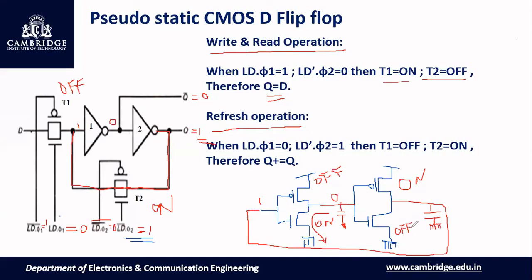Since the PMOS is on, it will charge the output capacitor to VDD. Since the power supply is VDD, the output will be charged up to VDD. So that's why you'll get logic 1. VDD is nothing but logic 1.